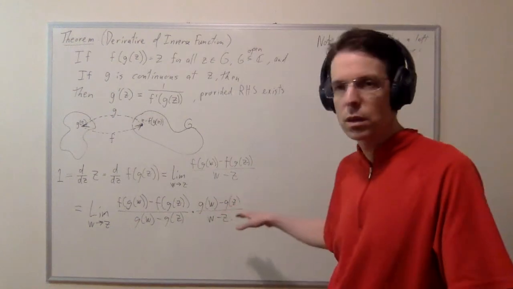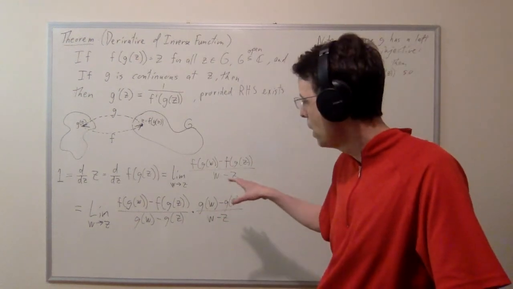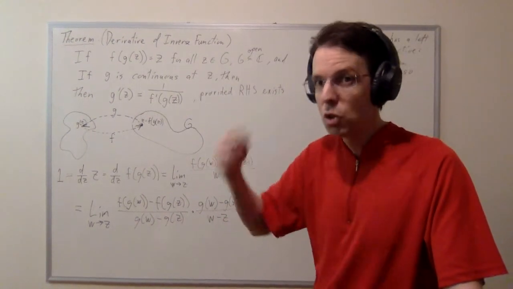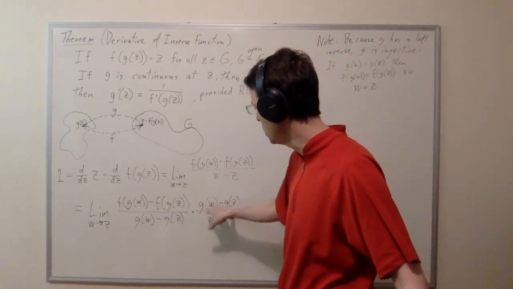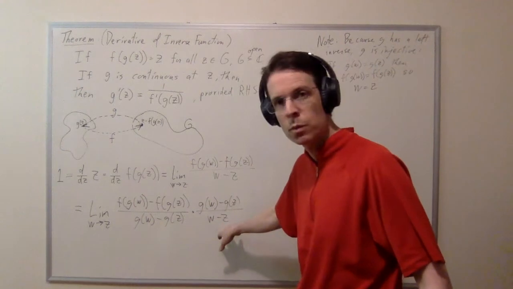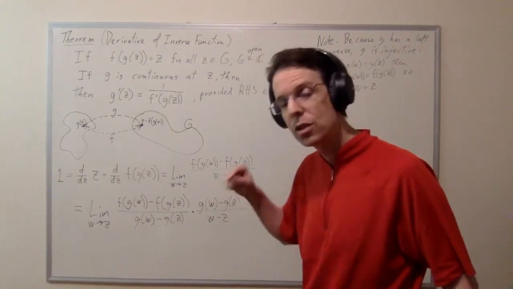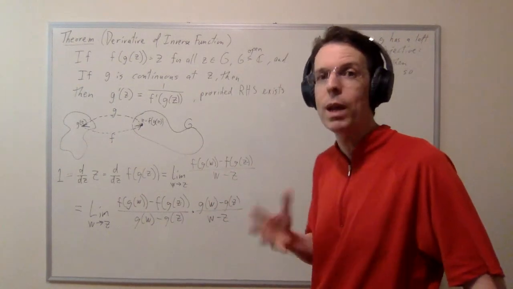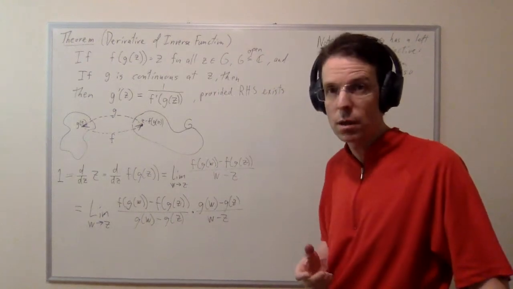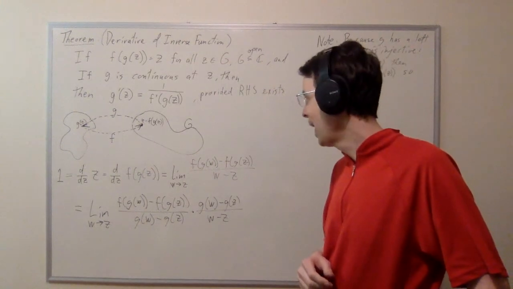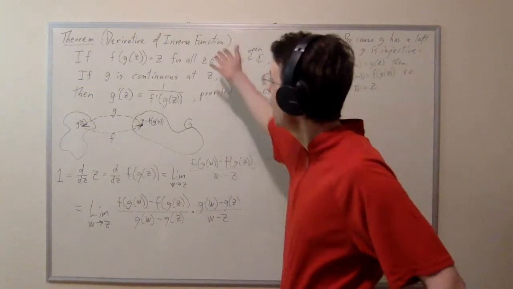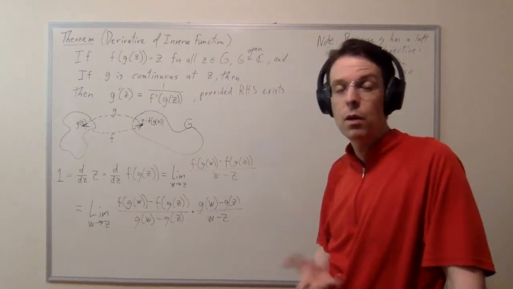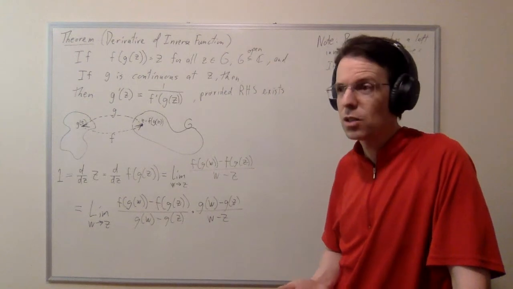If I apply the product law for limits, I'm implicitly assuming that that right-hand limit that I will get, the limit as w approaches z of g of w minus g of z over w minus z, must already be known to exist. And I don't have that assumption, not now. I am not assuming that g prime of z even exists.